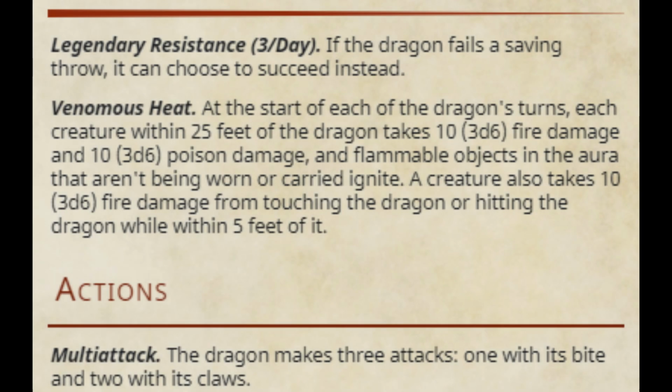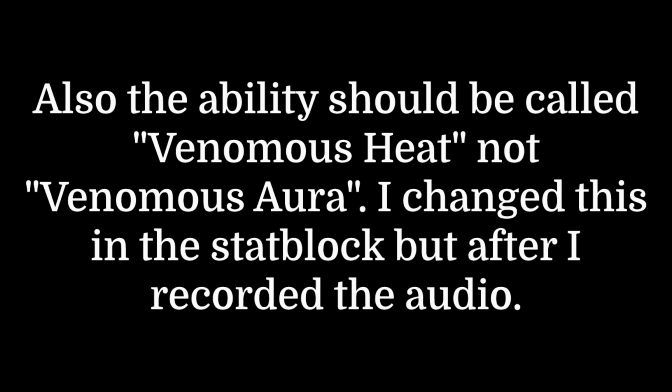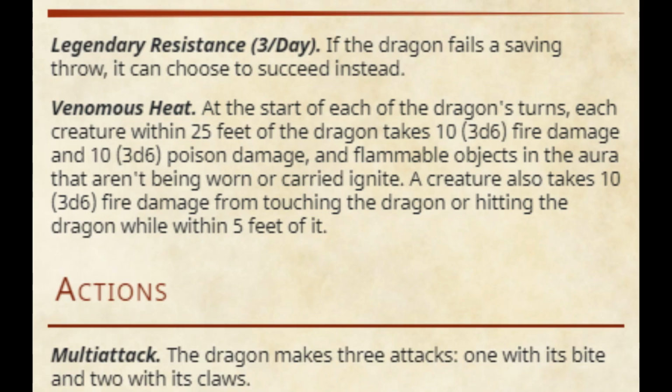For abilities, it has legendary resistance 3 times per day. It can succeed a saving throw that it failed. And venomous aura. At the start of each of the dragon's turns, each creature within 25 feet of the dragon takes 10 or 3d6 fire damage and 10 or 3d6 poison damage, and flammable objects in the area that aren't being worn or carried ignite. A creature also takes 10 fire damage when touching the dragon or hitting the dragon from within 5 feet of it.